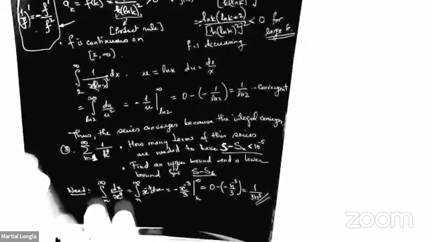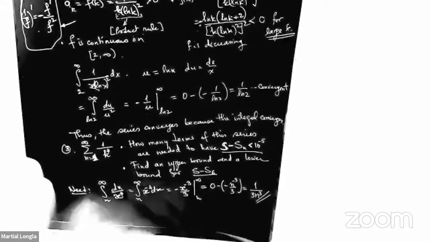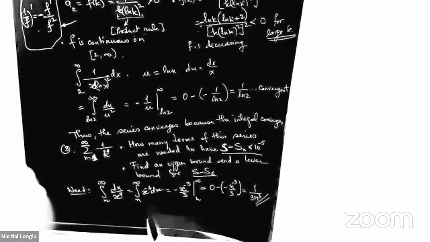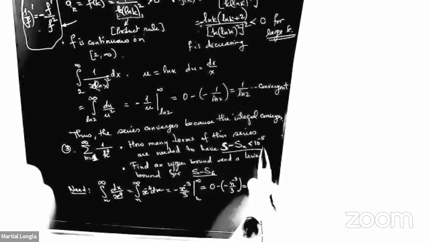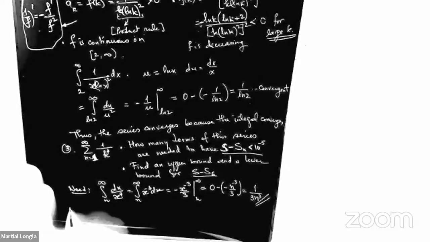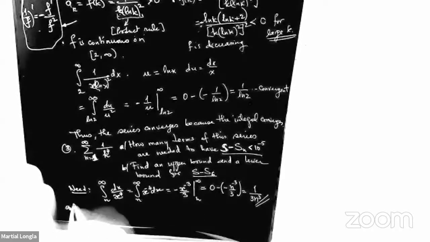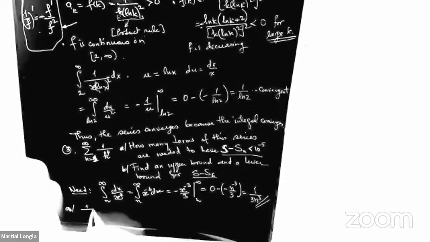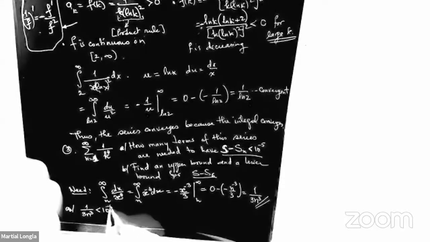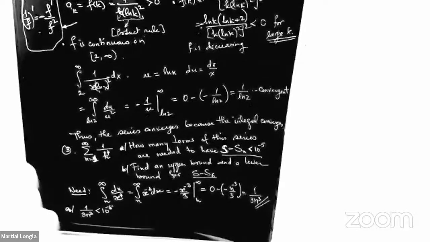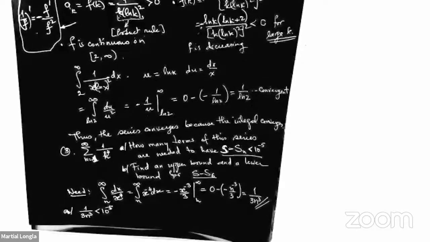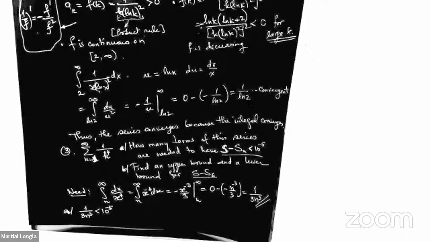And so to answer this first question here, as to bound s minus sn by 10 to the minus 5, so let me put here a and b. To answer a, what you need is to get 1 over 3n cubed less than 10 to the minus 5. That's what the question is about. And then you solve for n.